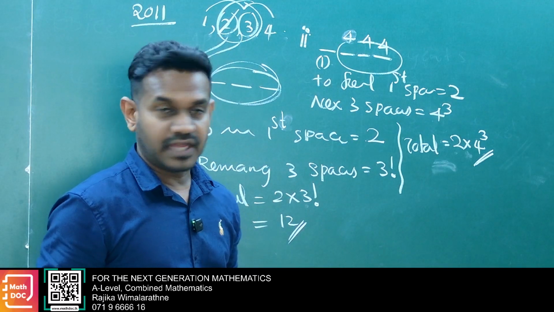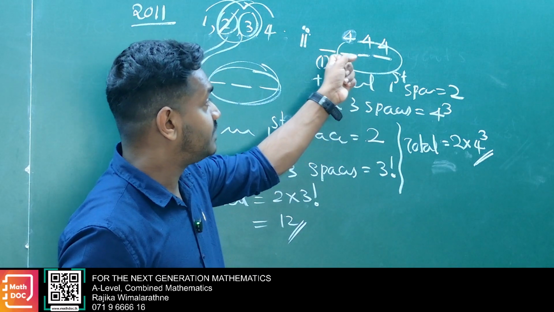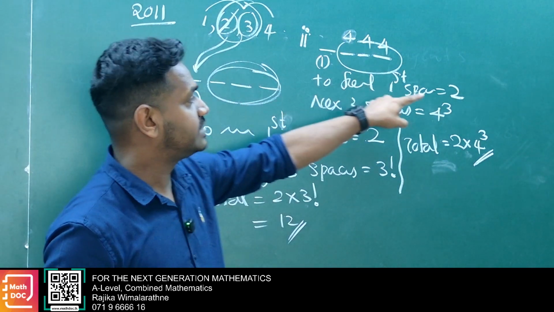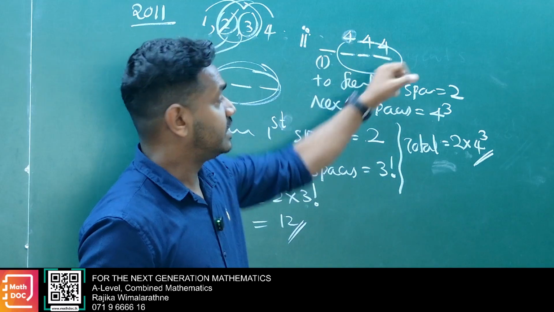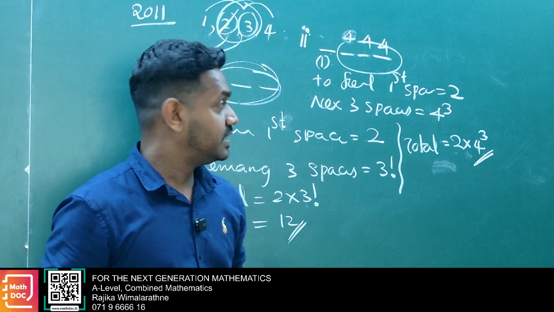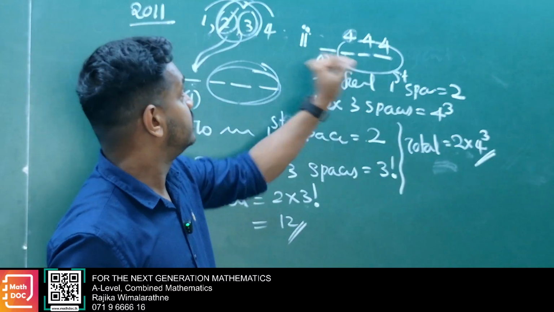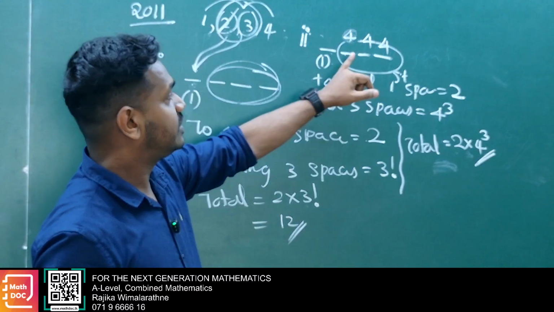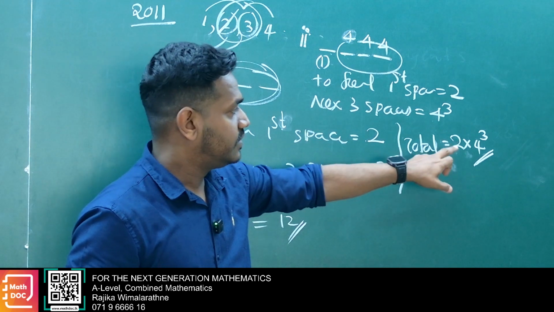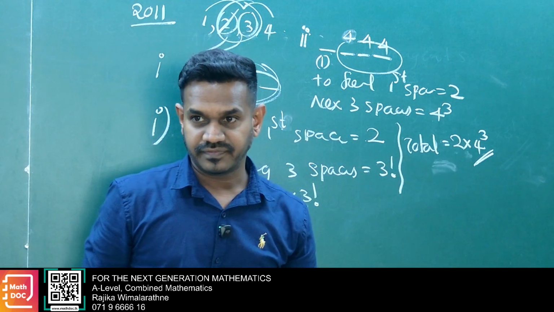If repetition is allowed, the first space has 2 distinct ways, then the remaining 3 have 4 ways each, so 2 times 4 to the power 3.